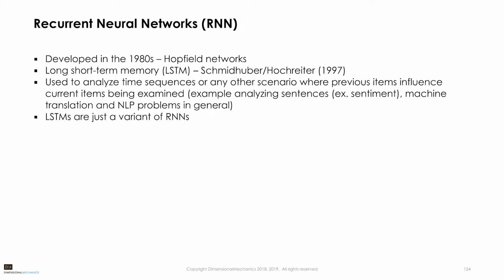That's why LSTMs work. LSTMs basically identify relationships between previous and next data. They're used a lot in NLP projects, so you'll see them appearing all over the place there. So we're going to cover that, and they're just a type of RNN.